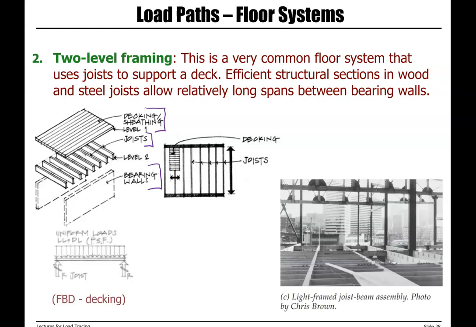So we will have a free body diagram for our deck. For each joist, if it's a single joist, it has two adjacent members. So the tributary width of a joist is half of the distance on the left side and right side.